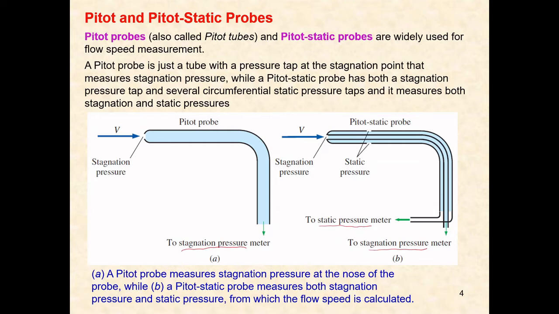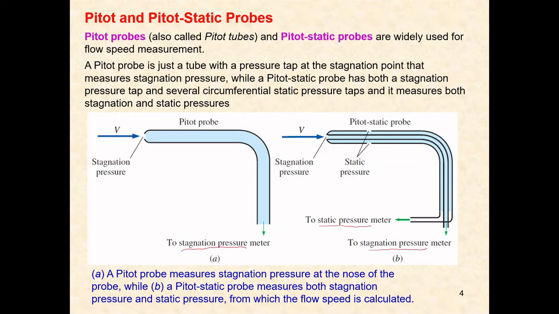I think it is easier to say that the incoming fluid has velocity as well as pressure. So when the incoming fluid hits the tip of the Pitot probe, it stops. As a result, it adds additional pressure.